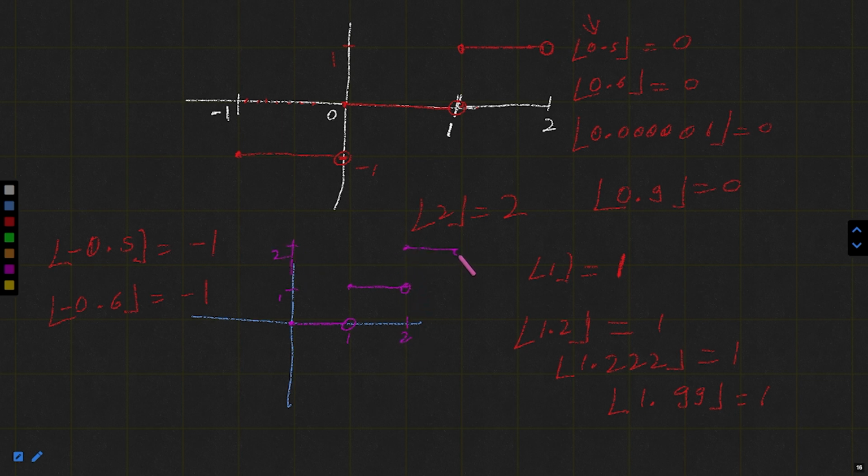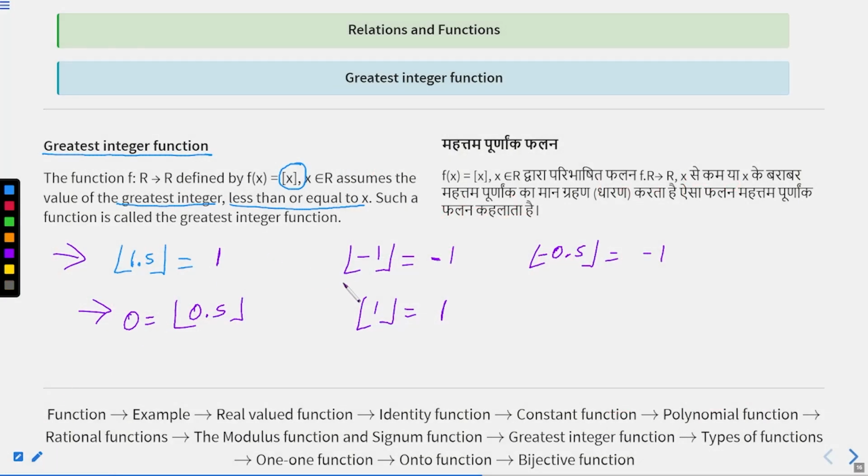So like this, your graph will be something like this. This is my -1, and at -2, your graph will be like a staircase with jumps. I hope it is very clear to you how I plotted the graph for it.